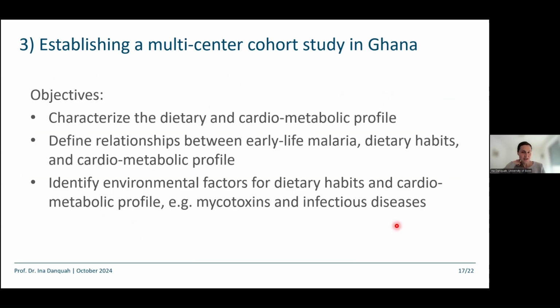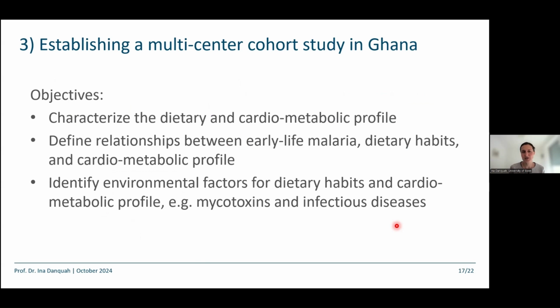So in the cohort that we want to establish, we try to answer 3 main objectives here. On the one hand, we want to characterize the dietary profile and the cardiometabolic traits of these young adolescents or young adults who were recruited as babies. We want to define relationships between their early life malaria exposure and then later dietary habits and cardiometabolic profile.